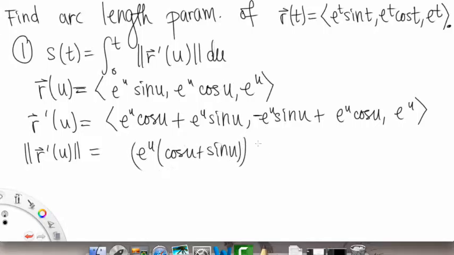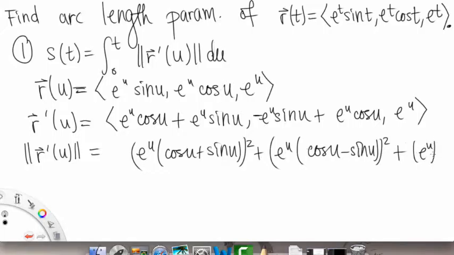And all of this is going to be squared. That's our first component, okay? And then we have plus e to the u times cosine u minus sine u in there, squared. And then our last component is just e to the u squared, okay?